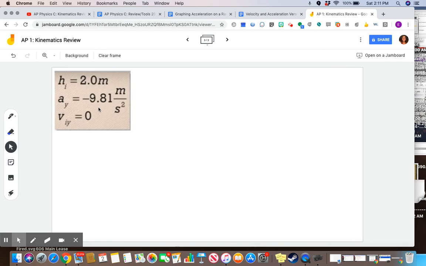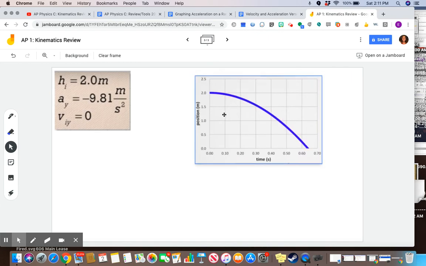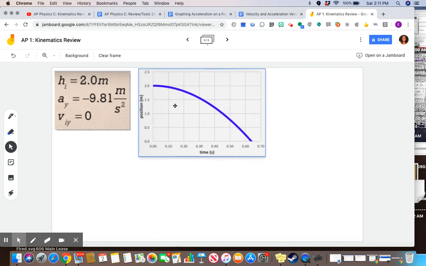So technically, our position versus time graph is going to be a parabolic curve, concave down, which basically means that we're starting at a position of 2 meters, and the slope of this first segment would be 0, but over time, the slope is going to increase.